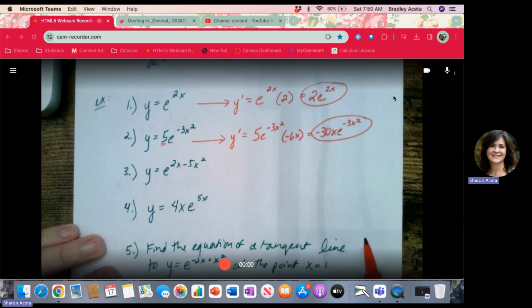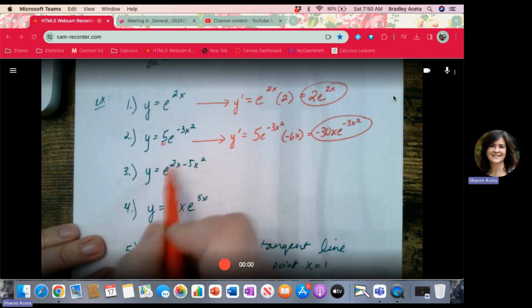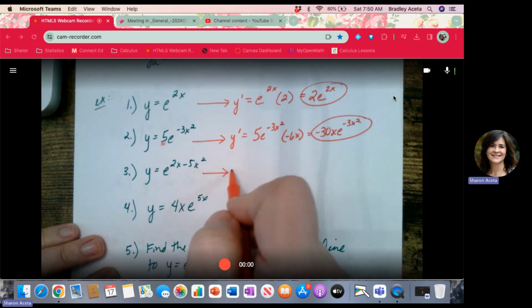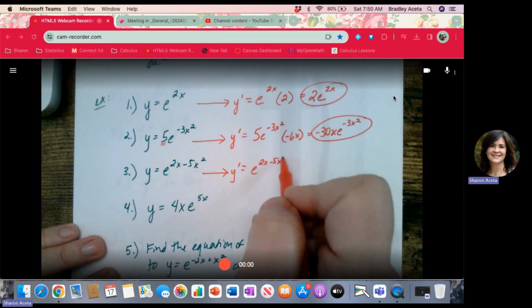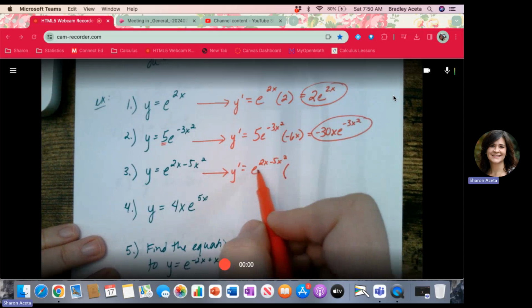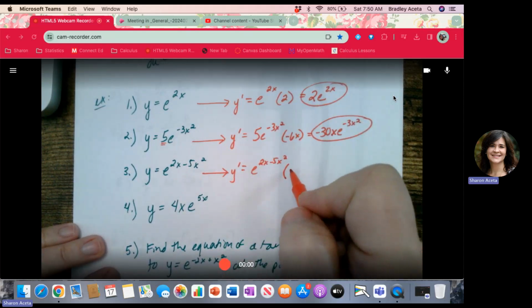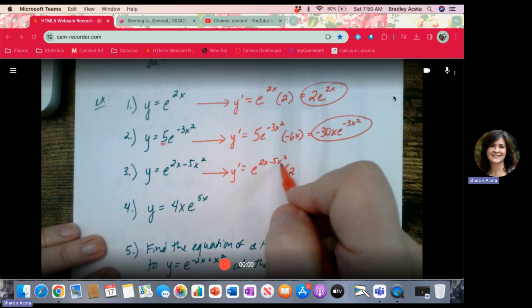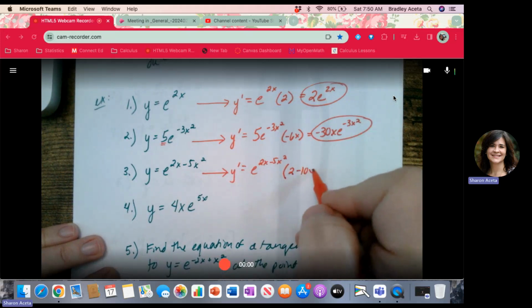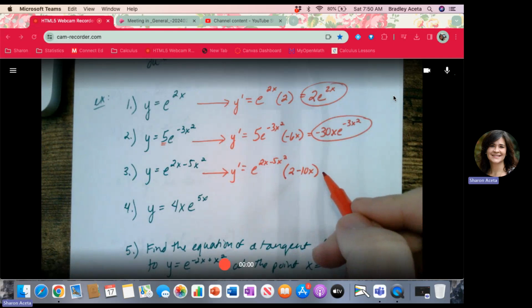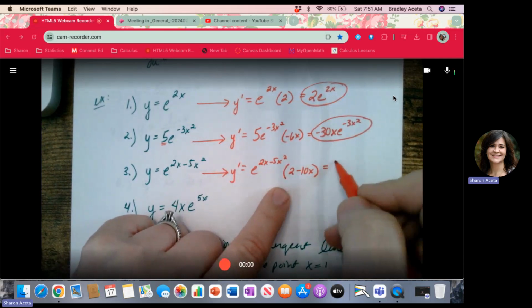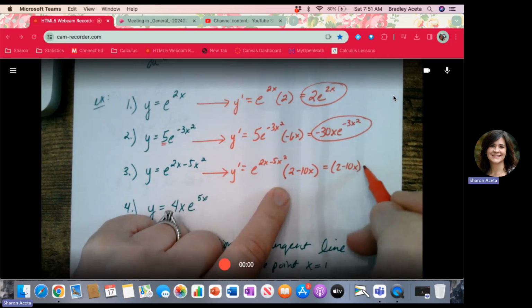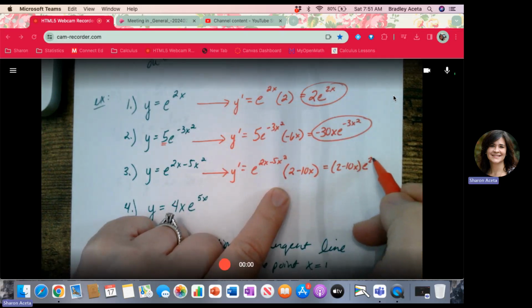Let's do that one more time. Okay, here's an e to the something problem. Okay, write it again. E to the 2x minus 5x squared. Multiply by the derivative of the exponent. The derivative of the exponent is 2 minus 10x. And again, you could leave it like this. I like that quantity to be in front and then my e to be always in the back.